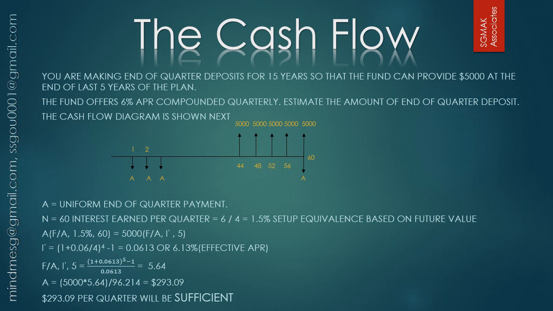So what you're saying is that based on your plan, if you deposit $293.09 every quarter for 15 years, that means for 60 quarters, that will allow you to withdraw $5,000 at the end of each of the last 5 years of the plan, while the fund is earning 6% annual percentage rate.